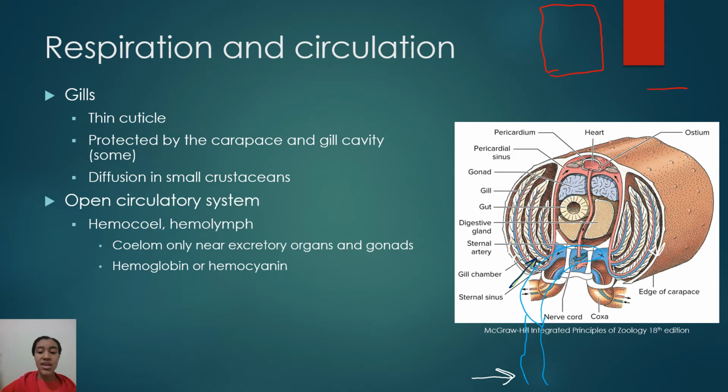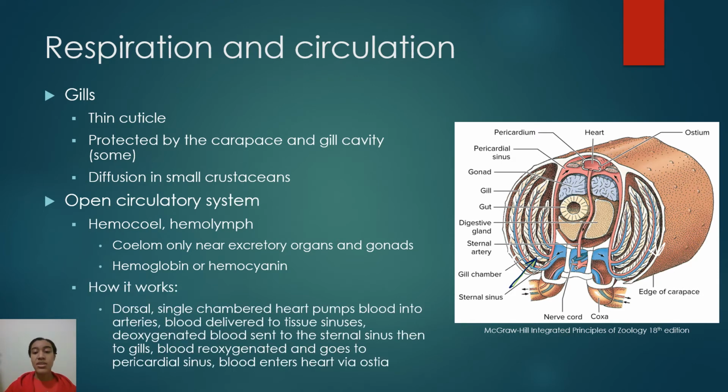So crustaceans have an open circulatory system, and their coelom has been filled with hemolymph. And so this is now called a hemocoel. They do have true coeloms that just have fluid, no hemolymph, near their excretory organs and their gonads, but everywhere else their coelom has been filled with hemolymph.